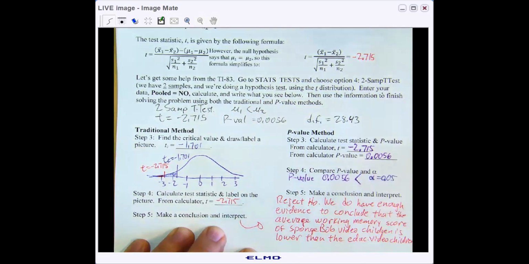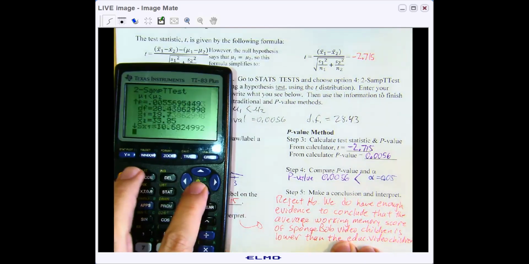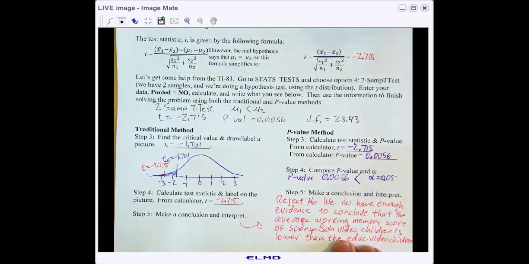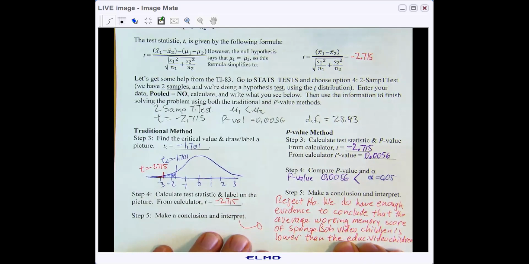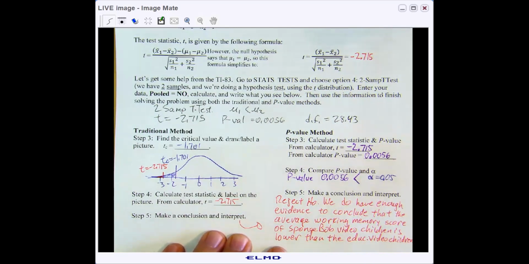And in addition, we get all the means and standard deviations as well. Okay, so let's take a second here. Again, when we come to a conclusion, it doesn't prove it true, but with a p-value this small, that's pretty strong evidence that the working memory score for children who watch the SpongeBob video is lower on average than that of those who watch the educational video.